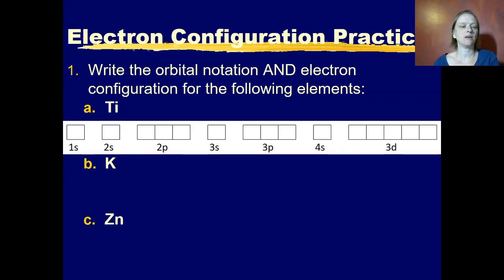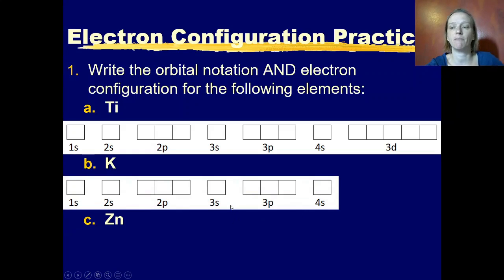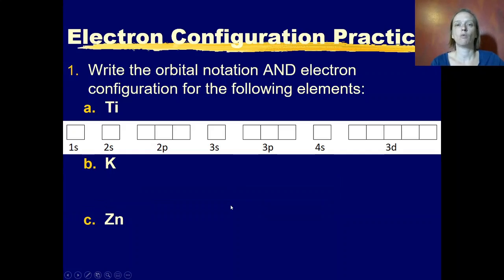So for titanium, if we look up titanium on the periodic table, we see that titanium has 22 protons, and therefore for the purposes of this example, we're going to also place 22 electrons. So I've already written for you some orbitals in the correct order: 1s, 2s, 2p, 3s, 3p, 4s, 3d.